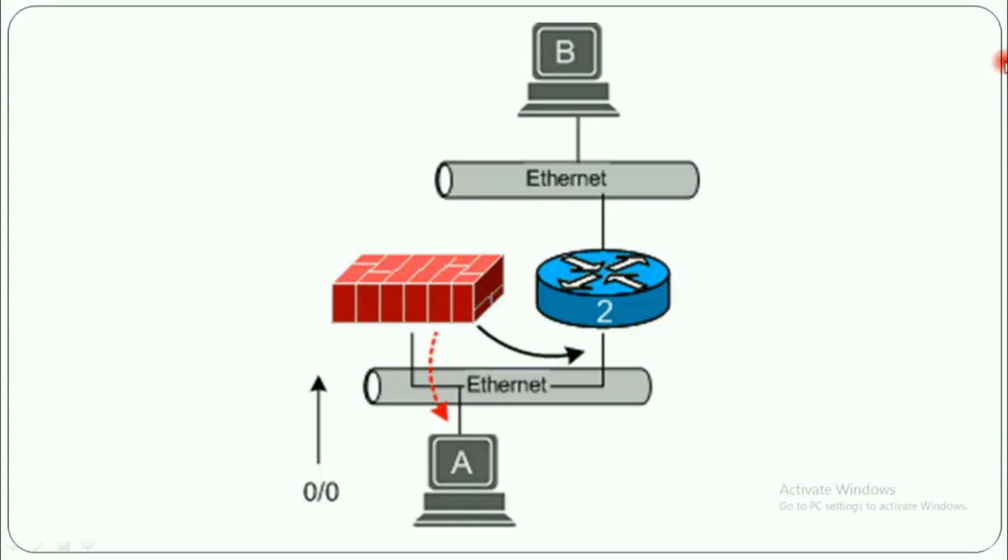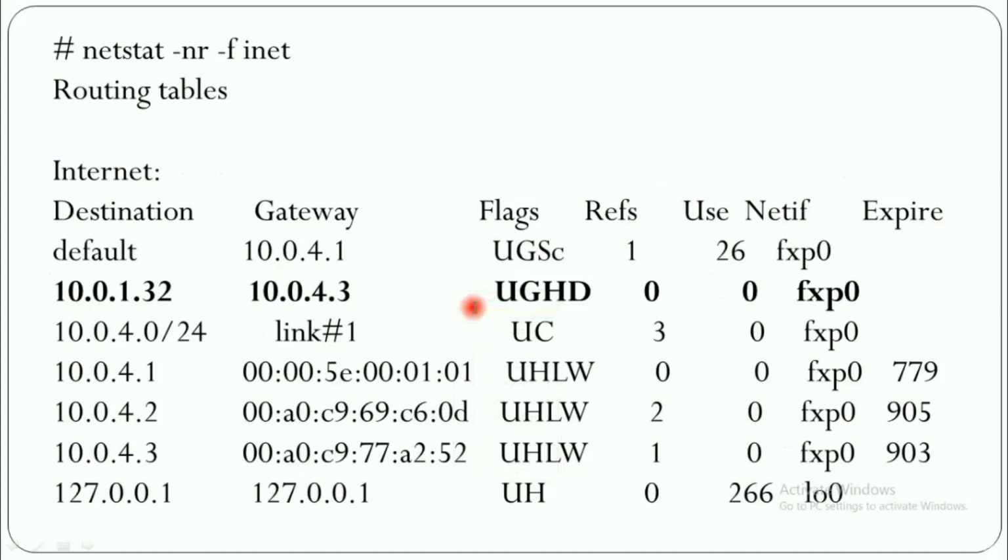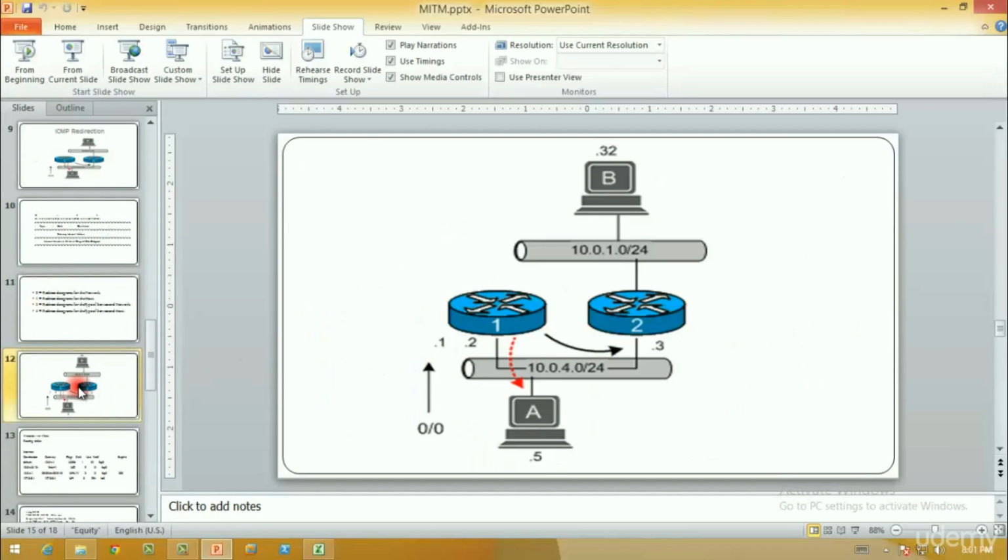But what I am trying to convey is that you should be able to transfer data through different routes and through different gateways. Let's assume that this firewall is a router. I'll go back to my previous one.